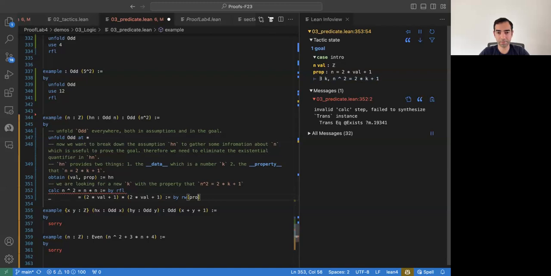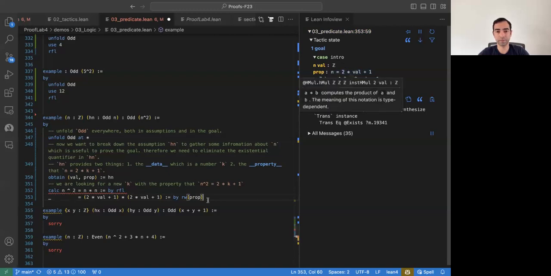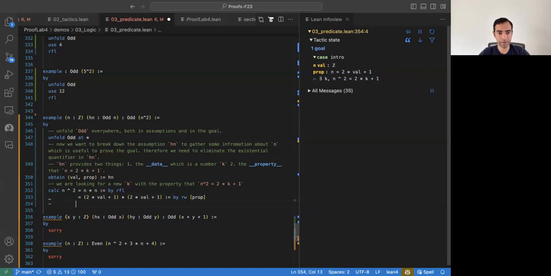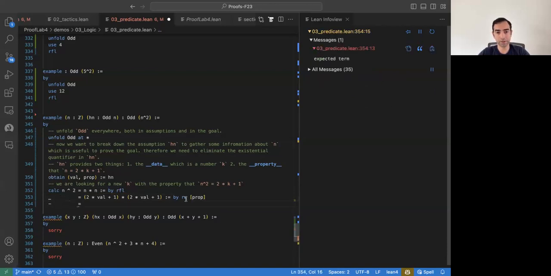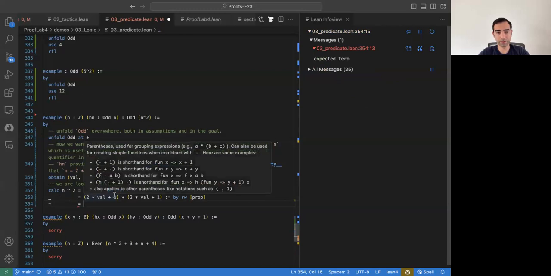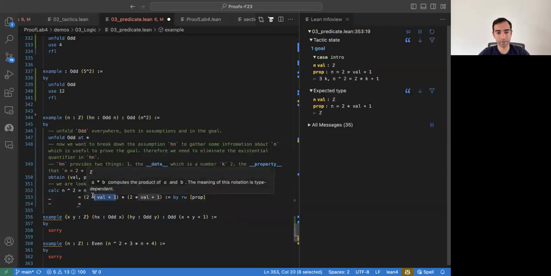Remember, we discussed rewrite a lecture ago, on Thursday it was. So I'm going to rewrite or substitute along this equality that n is 2 val plus 1. And finally, I want to distribute this addition over this multiplication, right? So I have to multiply this factor by this factor.